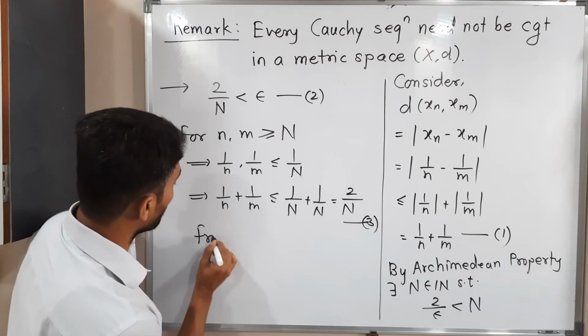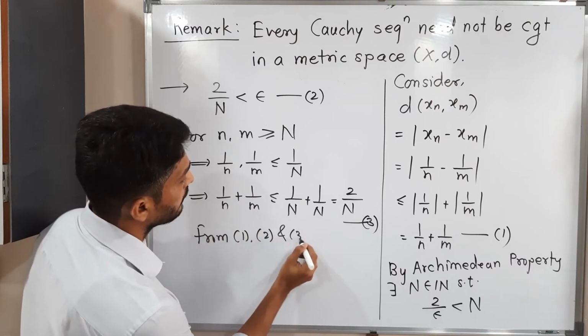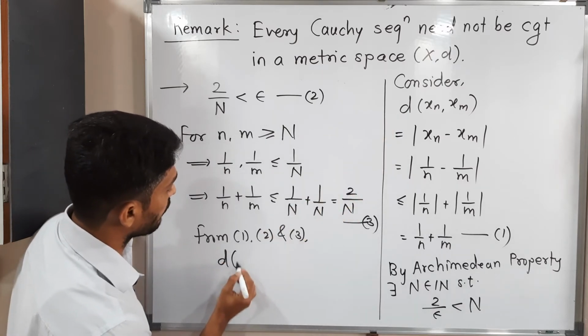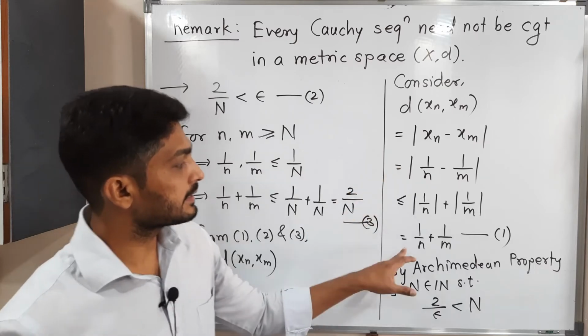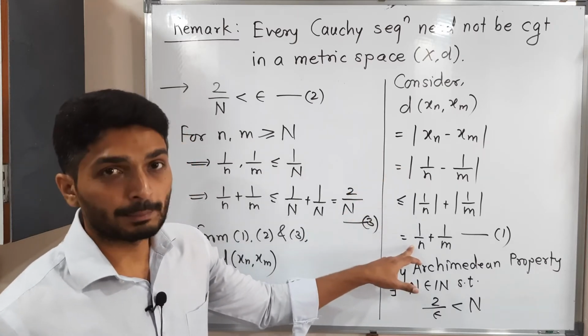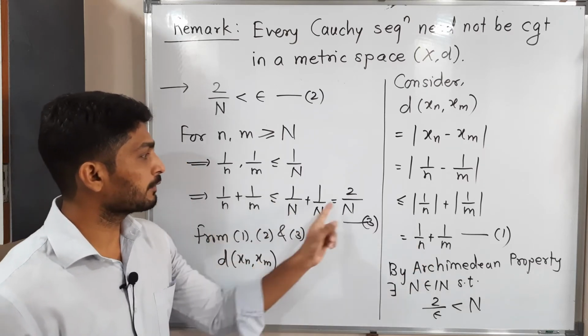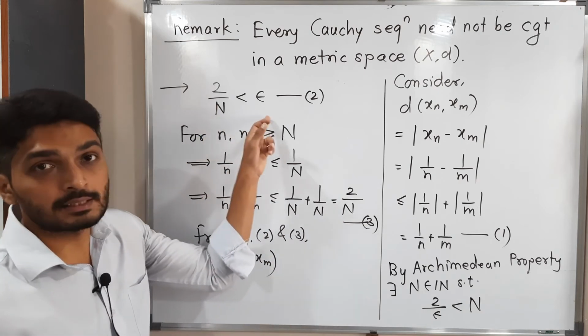Let us combine 1, 2 and 3. We start with d of xn, xm, which is less than or equal to 1 by n plus 1 by m, which is less than or equal to 2 by capital N, and 2 by capital N is less than epsilon.